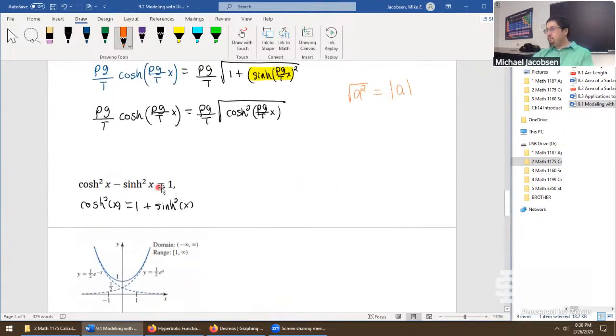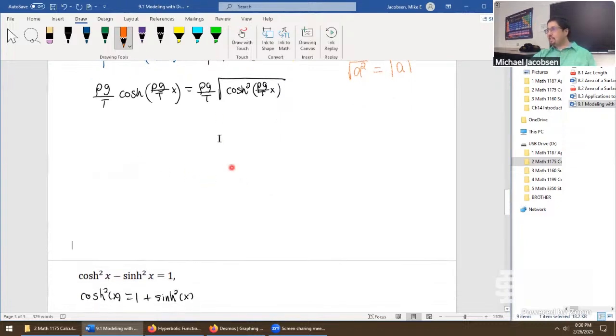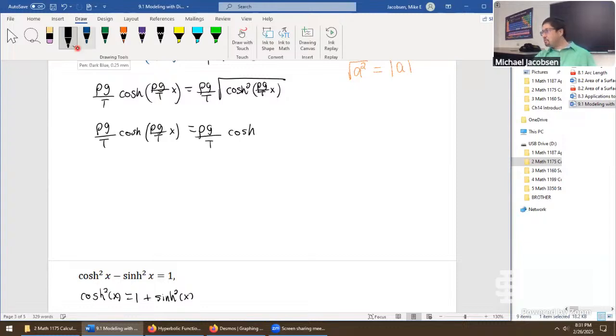So last thing we can say for our conclusion, I'll leave these things on just the next page, just as a reference. That part right there is just cosh of rho g over t x. So we have rho g over t cosh of rho g over t x equals rho g over t hyperbolic cosine of rho g over t x, and that's a perfectly balanced equation.